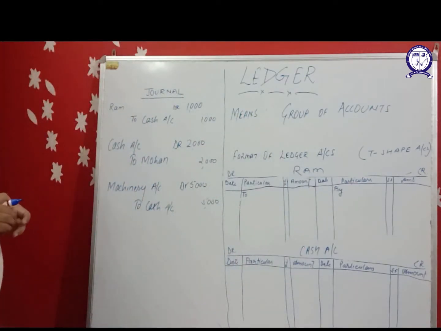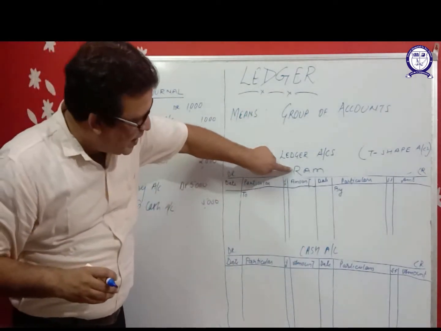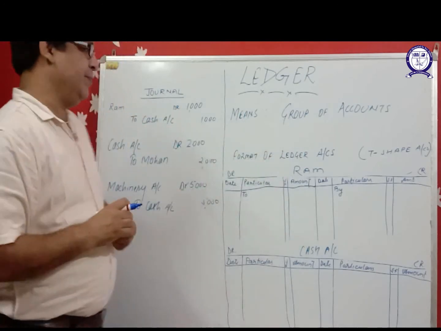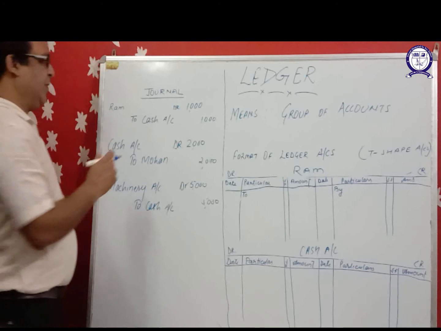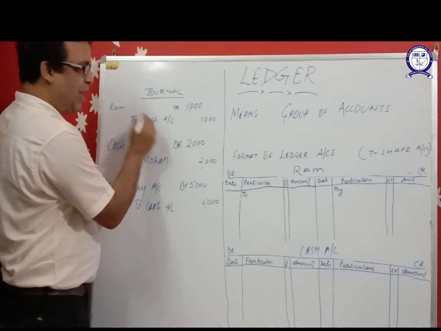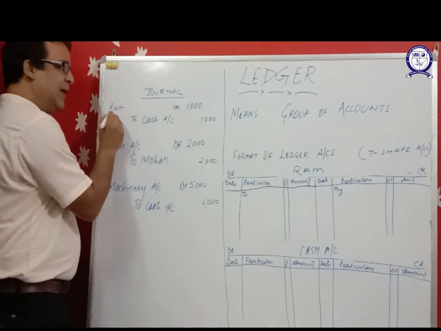Ram account. The heading should be in capital letters. Now check the rules. Ram debit to cash. Ram is debit in the journal entry.